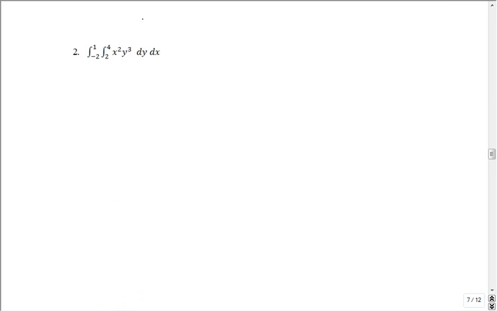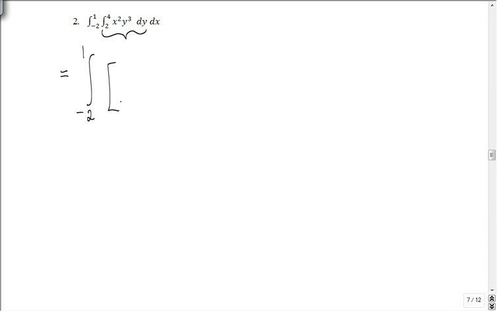Okay, let's do another one. We're doing the innermost integral first. So notice we are first going to integrate with respect to y. Put the outermost integral, leave it alone. Put your square brackets. Now integrate x squared y cubed with respect to y.